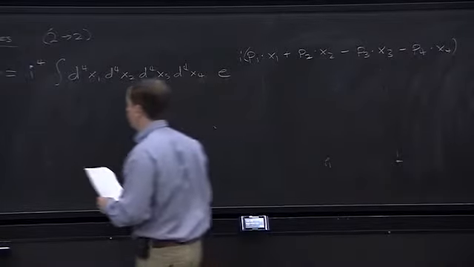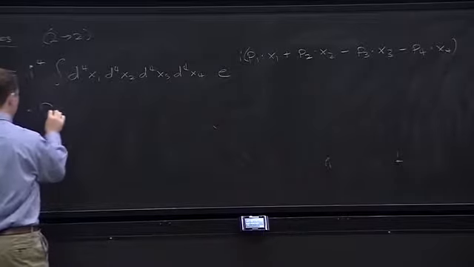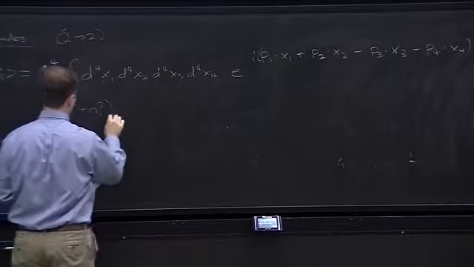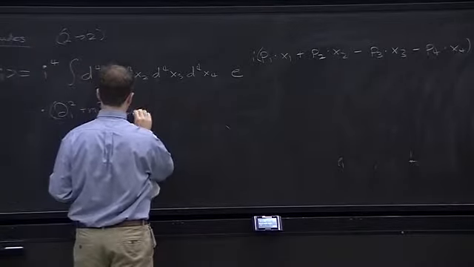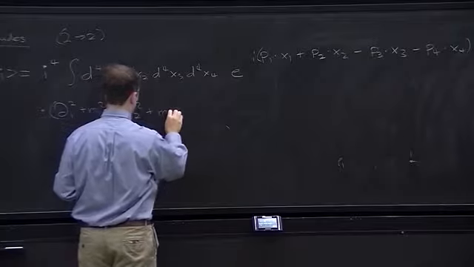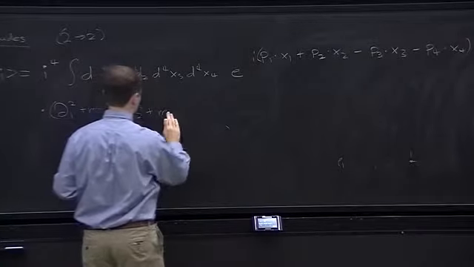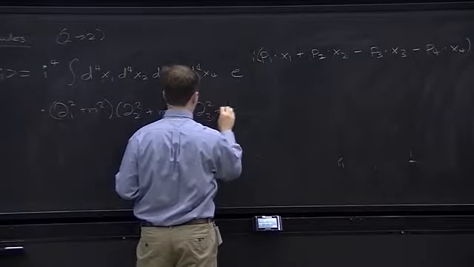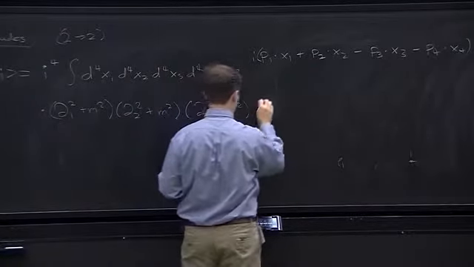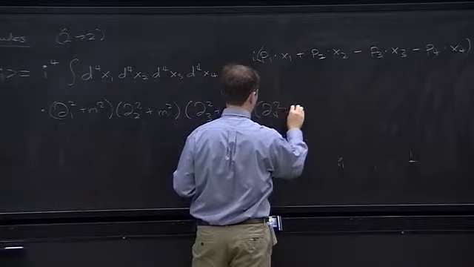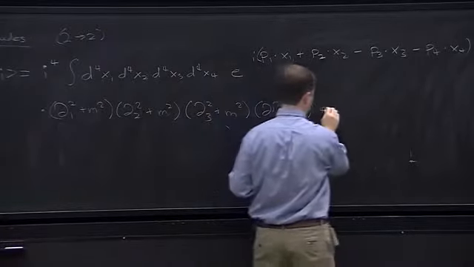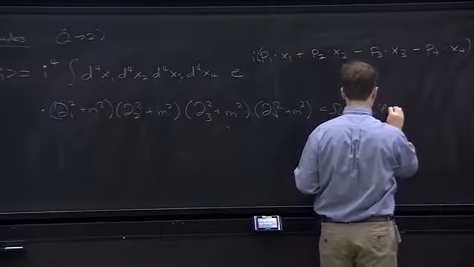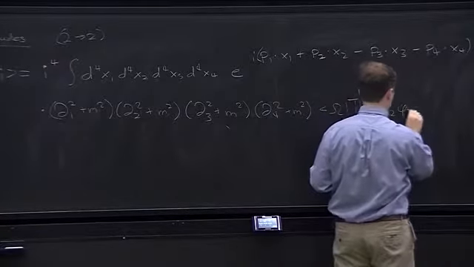And then we've got a product of Klein-Gordon operators, one for each particle. They're all the same particle. And finally, our 4-point correlation function.